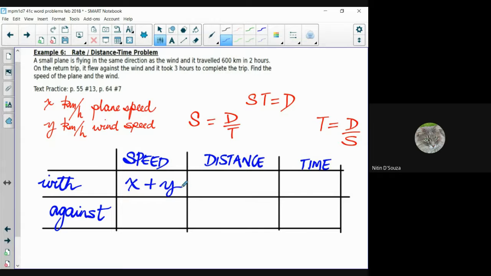When you're flying and the wind is against you, it's slowing you down. So then your speed will be x minus y. The distance is 600 kilometers. The time is the distance divided by the speed.